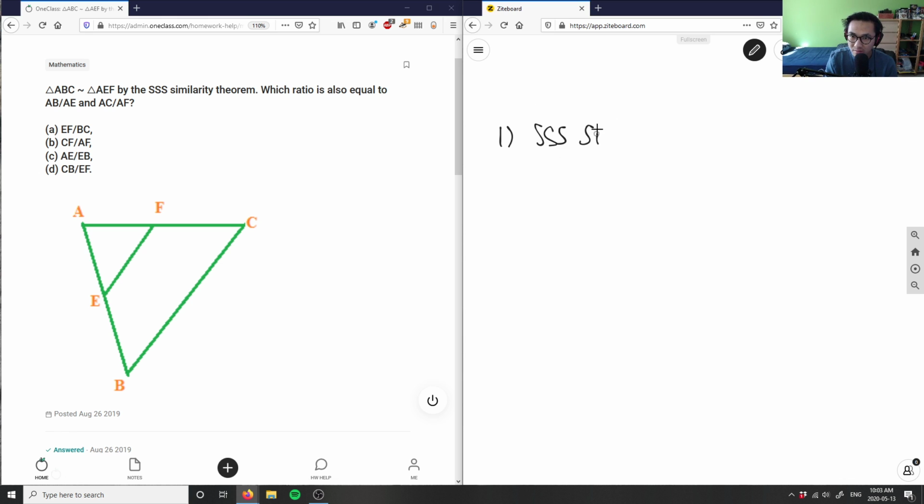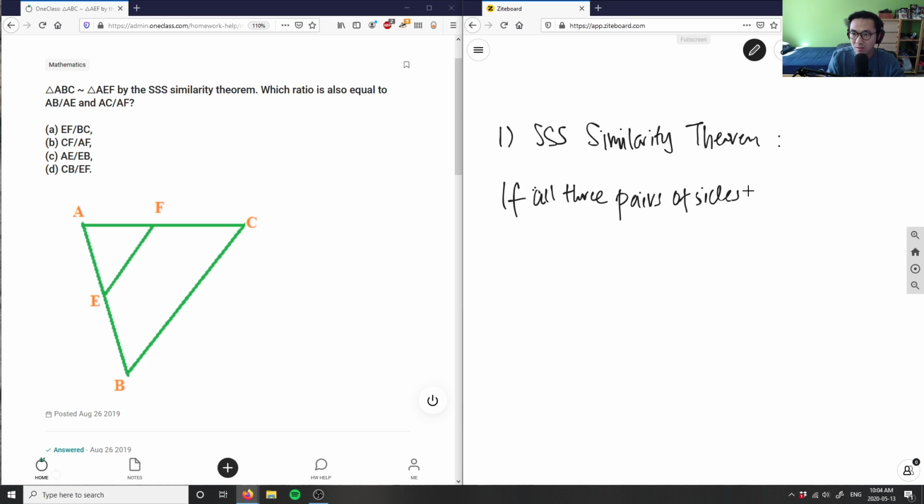Side similarity theorem: if all three pairs of corresponding sides of two triangles are proportional, then the two triangles are similar.